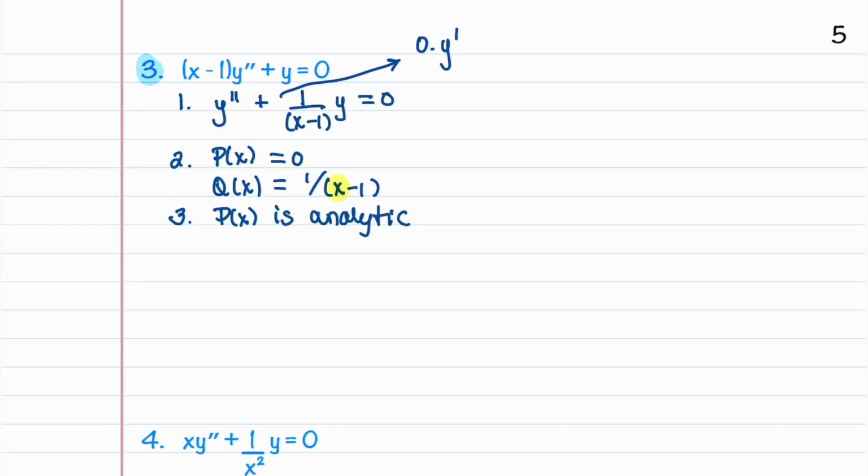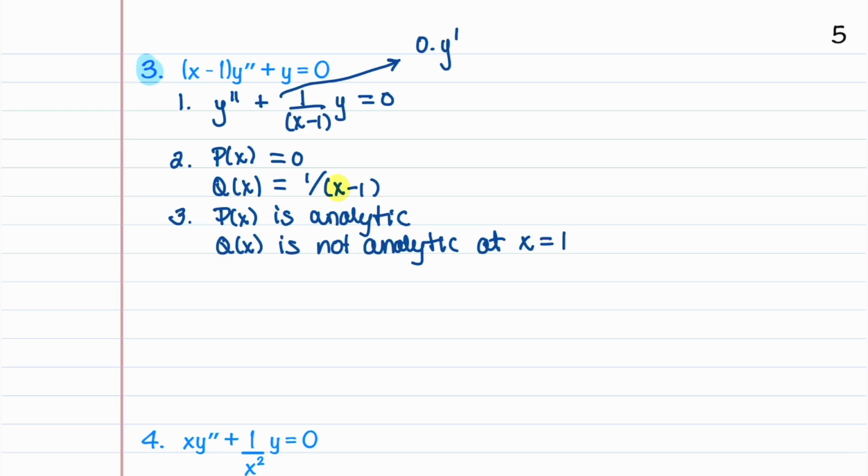Notice that if we set x equal to 1, q of x is undefined. So we say that q of x is not analytic at x is equal to 1. So in this example, we have one function that's analytic and one function that is not analytic.